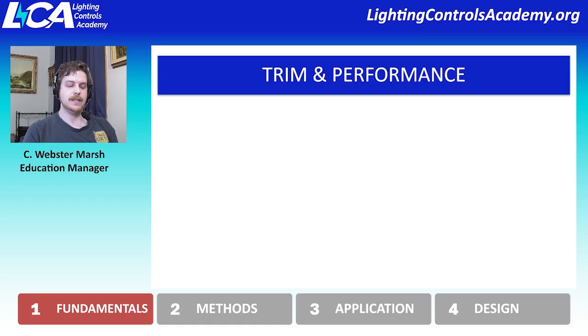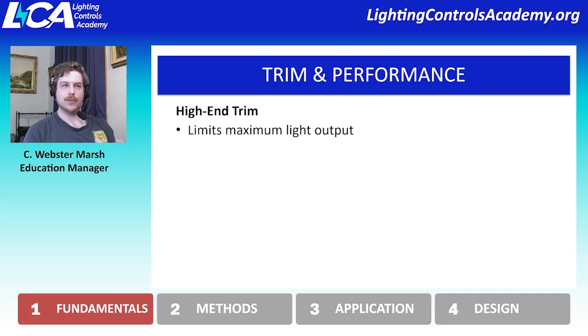On top of the dimming range, we also have the trimming and the performance of the fixture. These are terms that are common. High-end trim is where we're limiting the maximum light output. So instead of allowing the fixture to go to 100%, we're now limiting it to 90 or 80%. So if you hit the full on button, it will only go to 80% instead of its full range.